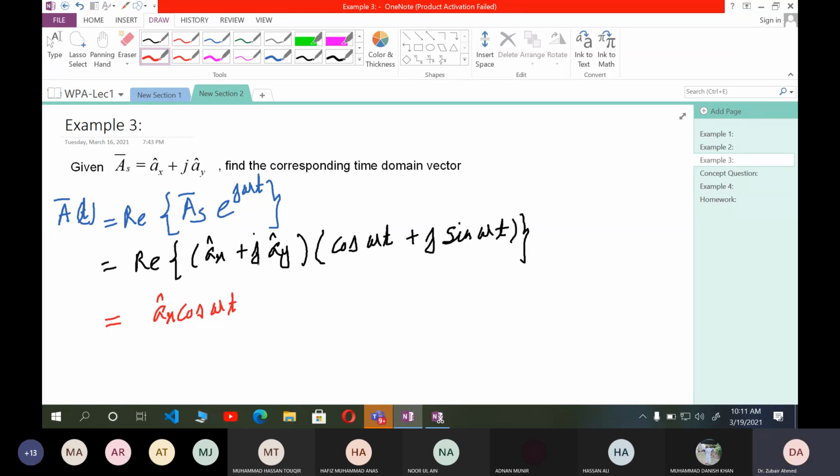Now, when the second term j a_y unit vector is multiplied by these two terms, what will be the real part of this? Sin ωt, sir. We have minus sine ωt and a_y unit vector. So this is the corresponding time domain signal corresponding to this vector phasor.